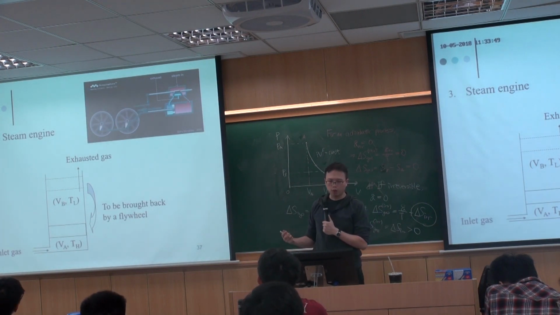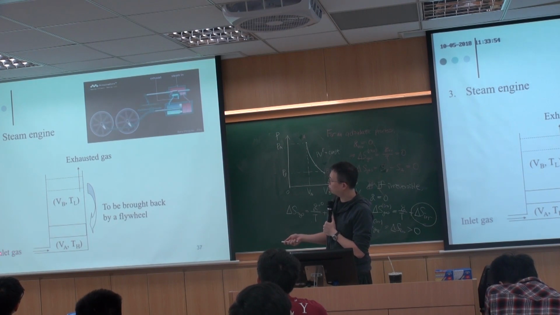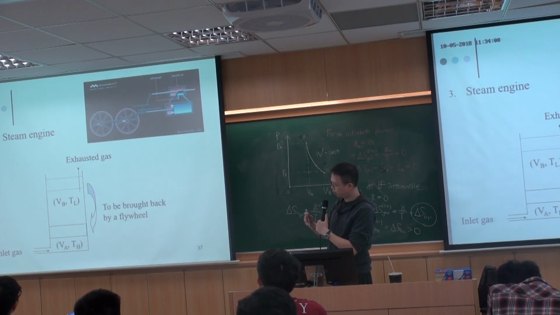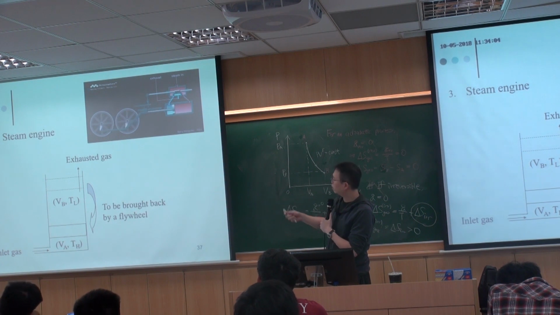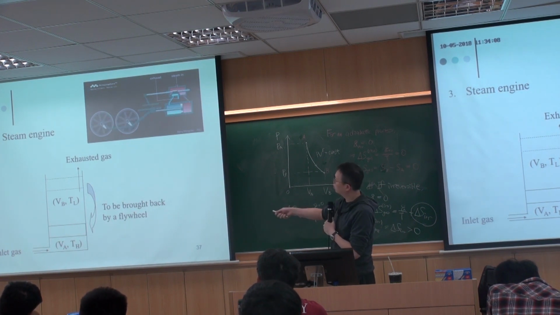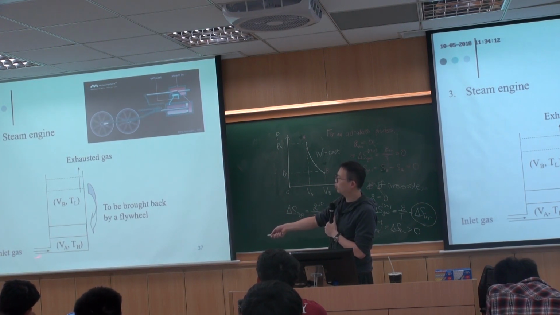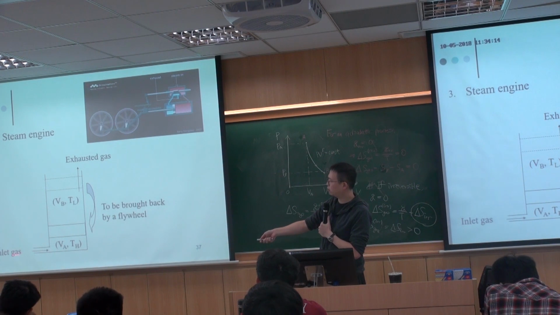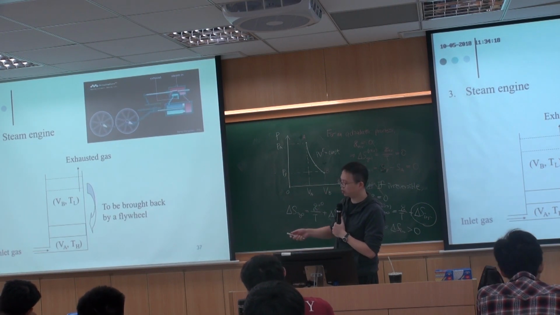An example will be the steam engine, where you have a supply of gas, maybe at a higher temperature, and it will expand and push the piston. Once it has cooled down, something mechanical will push the piston back to allow the hot gas to come in again and expand.